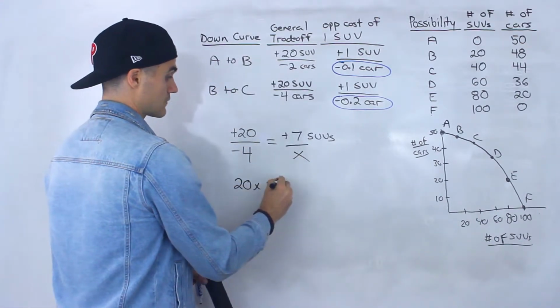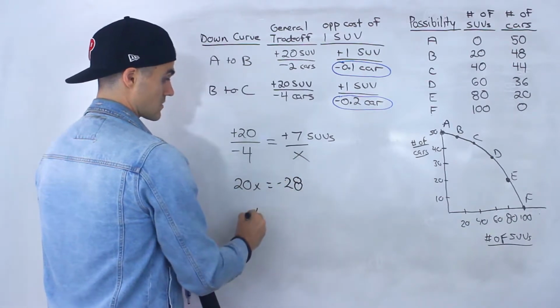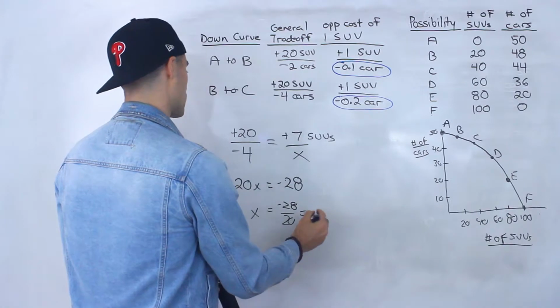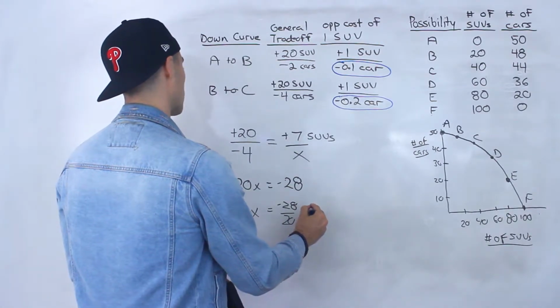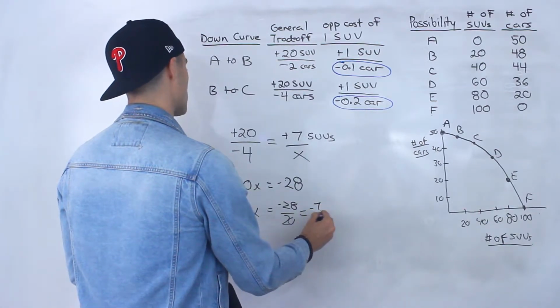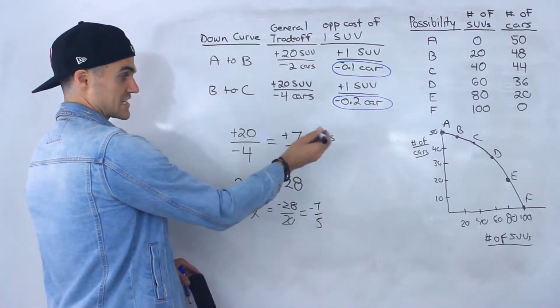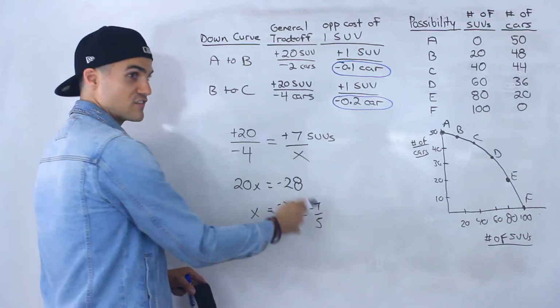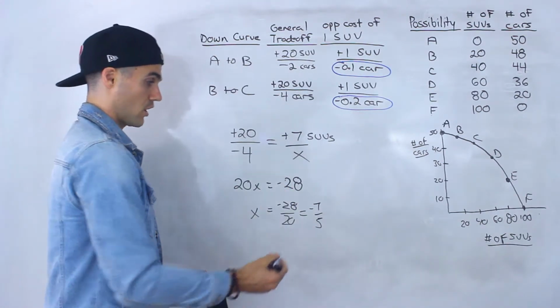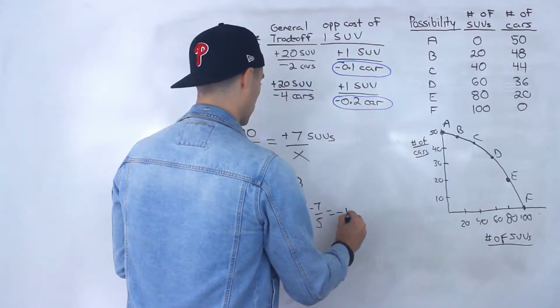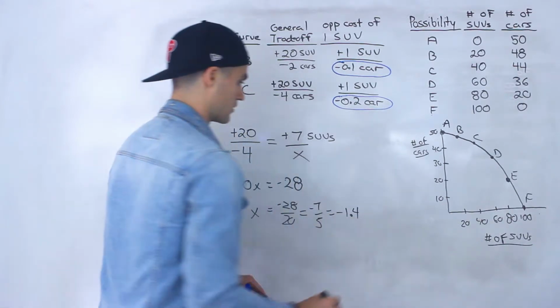So we'd have 20x equals -28. So x would be negative 28 over 20, which would be, what, negative 7 over 5? So the opportunity cost of producing 7 SUVs is 7/5 of a car, and in decimals, this would be negative 1.4.